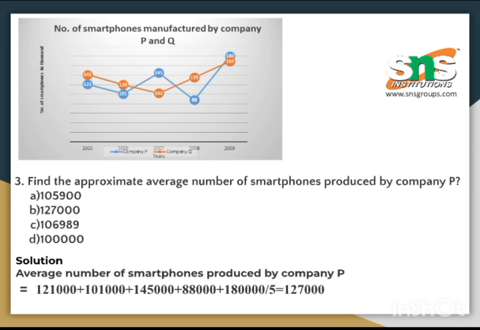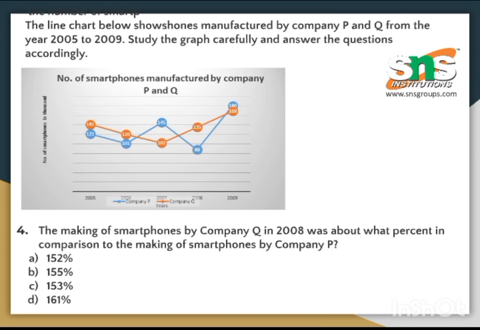Now, moving on to the next question. The making of smartphones by company Q in 2008 was about what percentage in comparison to the making of smartphones by company P. Here we are going to consider just the year 2008.